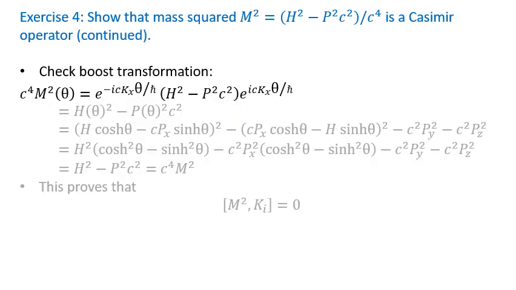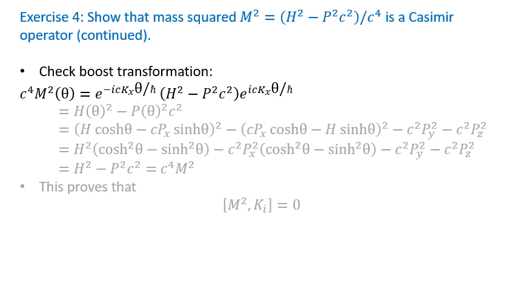A bit more effort is needed to prove the commutator of m squared with boost generators. Instead of direct calculation of these commutators, we are going to prove an equivalent result, that m squared remains invariant under finite boosts. I like this method because it will allow me to use results of the previous exercise.